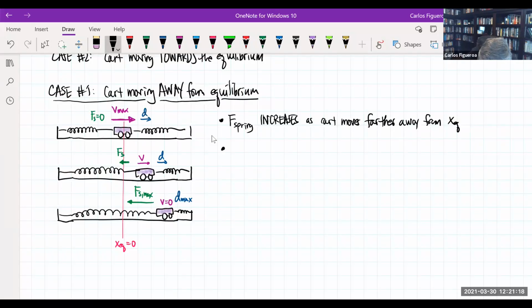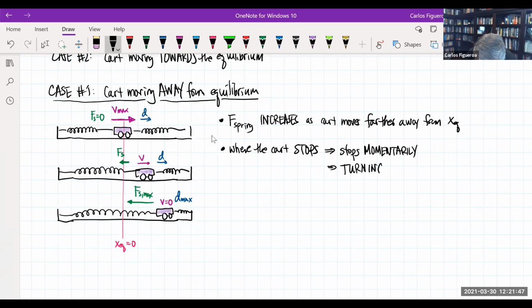Where the cart stops, it stops momentarily, okay? We call this the turning point.